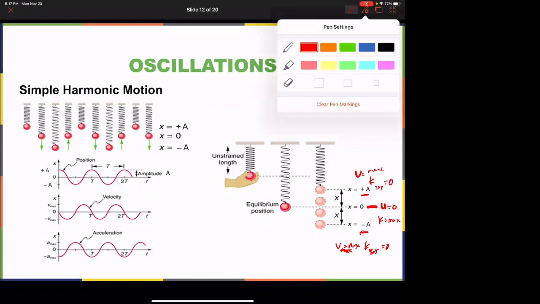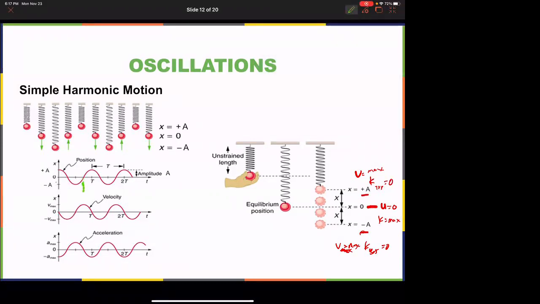If you were to drop a line straight down here, you can see that when it's in its equilibrium position, it has its maximum velocity. When it has maximum amplitude, it has 0 velocity. So just interesting. We talked about that already this year. This is a little bit of review.